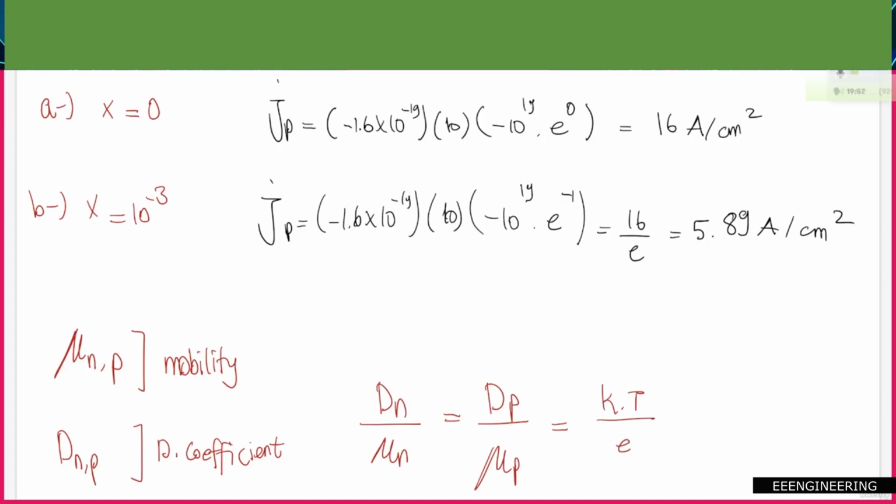Here k is called the Boltzmann constant, T is temperature, and e is charge. If you pick room temperature, T equal to 300 kelvins, this ratio will be something about 0.026. So this is really important.